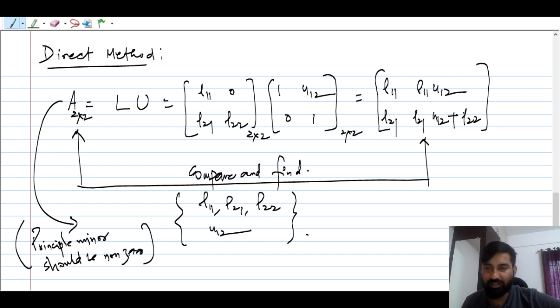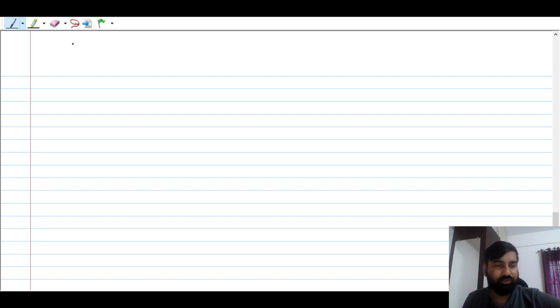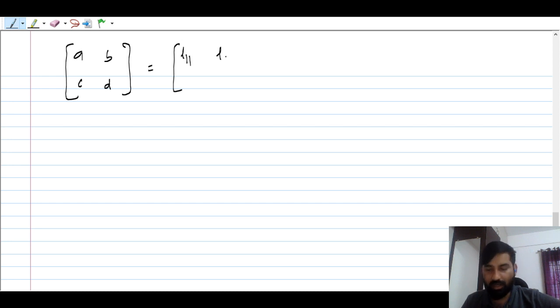Very good question. Look, suppose you have A, B, C, D, or after multiplication you got a matrix. You can say this is L11, L11 U12, and this is L21, and L21 U12 plus L22.